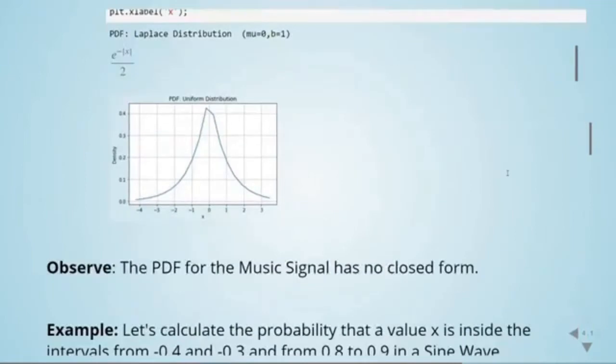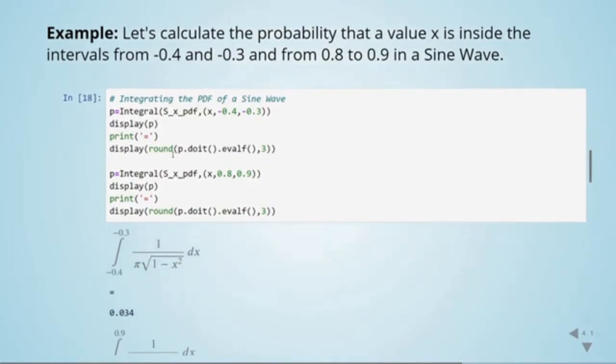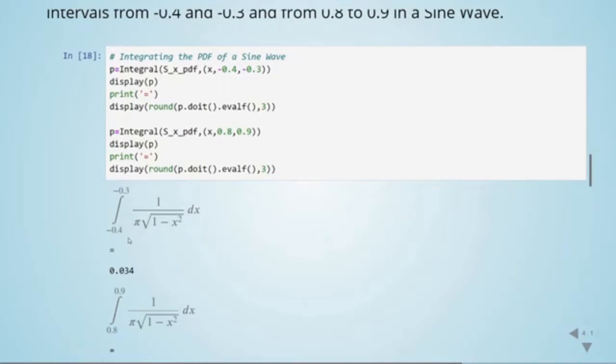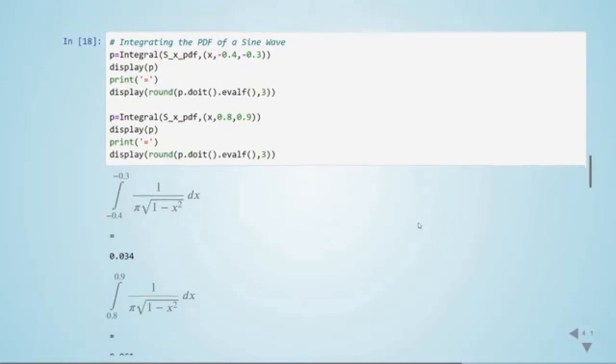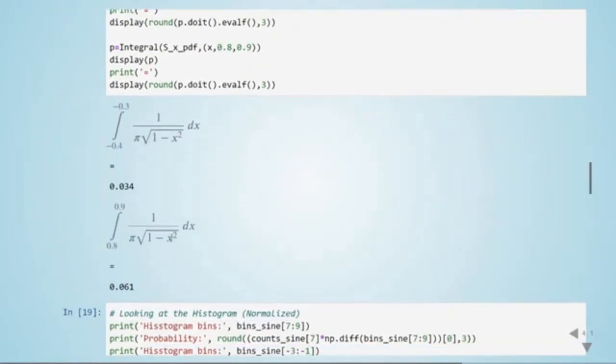So we want to see the probability of a value being in the interval -0.4 to -0.3 inside this sine wave. So what we do is we have here the integral. This is the PDF from -0.4 to -0.3, and it is equal to 0.034, and for the interval from 0.8 to 0.9 we calculate here and we have 0.061.